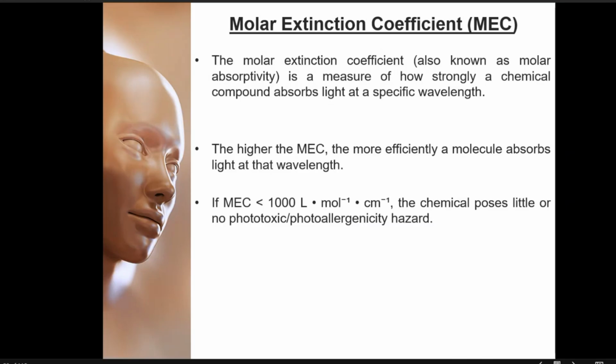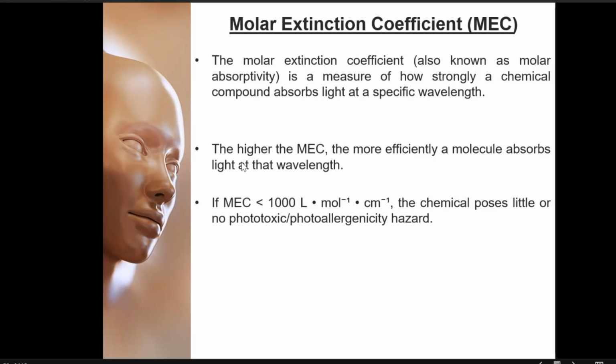Molar extinction coefficient. The molar extinction coefficient is a measure of how strongly a chemical compound absorbs light at a specific wavelength. This is a very important criterion to check whether the compound is photoallergic or not.